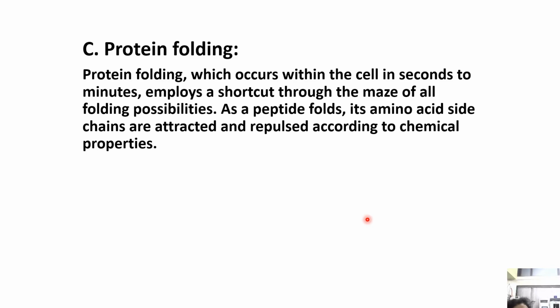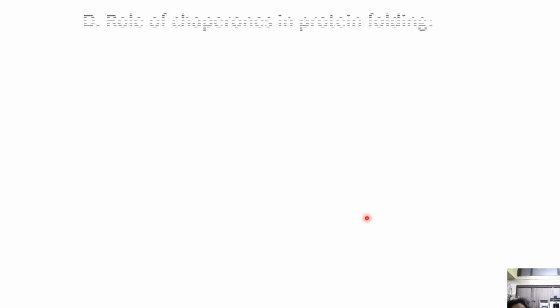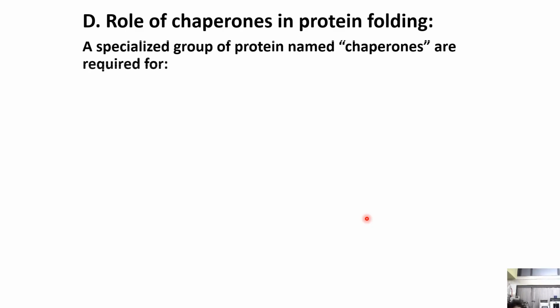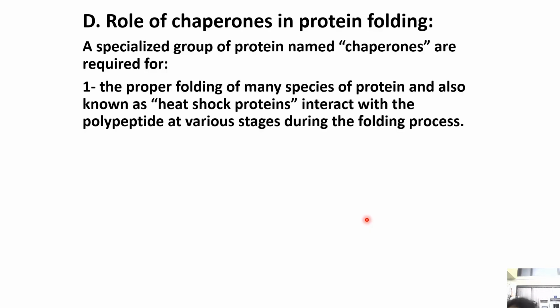Now, protein folding, which occurs within the cell in seconds to minutes, employs a shortcut through the maze of all the folding possibilities. As a peptide folds, its amino acid side chains are attracted and repulsed according to chemical properties, right? So, the role of chaperones in protein folding, there's another question related to it, but let me explain chaperones a little bit here also. A specialized group of proteins named chaperones are required for the proper folding of many species of proteins.